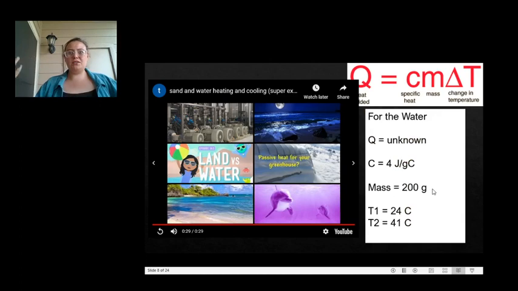And so when we start to do the math, we don't know how much energy they're putting in. We do know the specific heat of water. We're going to round that off to 4. I'm going to estimate that the mass is 200 grams because the water level looked about 200 in a 250 mL beaker. That initial temperature was 24 degrees, and in the heating process, the water got up to 41 degrees Celsius.